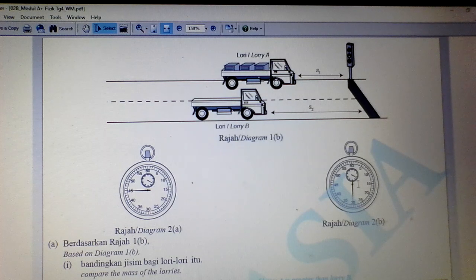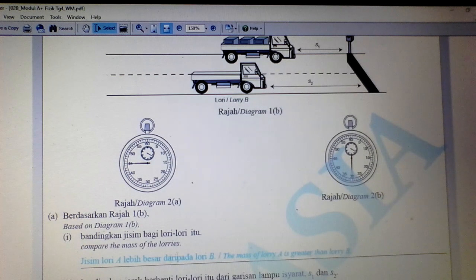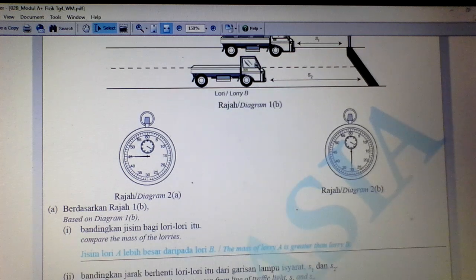And this one is 3 minutes and 30 seconds. So from the time taken, we know that the one which takes a longer time to stop will have larger inertia or larger mass. So you can say the mass of lorry A is greater than B.